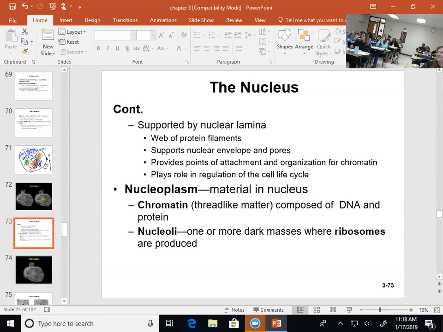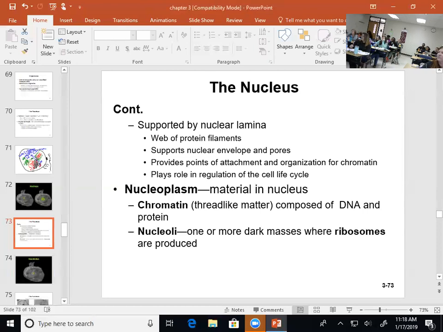Humans should have a total of 46. A total. But wait a minute. This is for the 23. Wait a minute. For your nucleus, for your DNA, for your recipe book that holds all the information for all of your traits, you told me that half of it came from where?